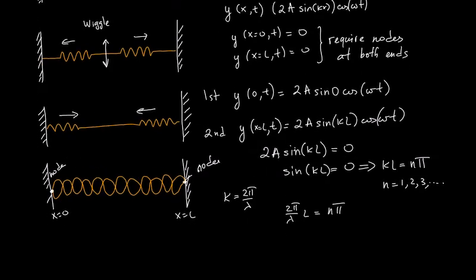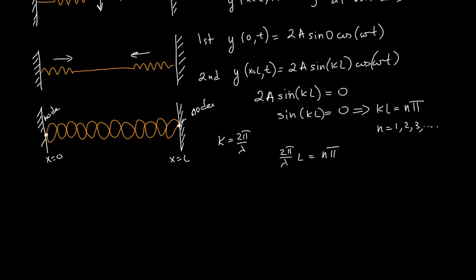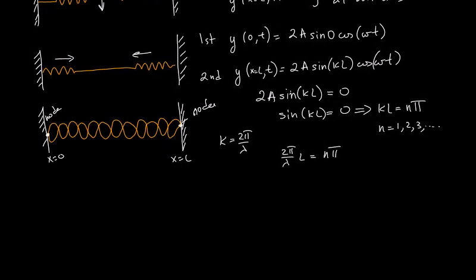from which I can find the λ, where the π will cancel out. Then the nth λ would be equal to 2L over n, where n equals 1, 2, 3, 4, and so on.